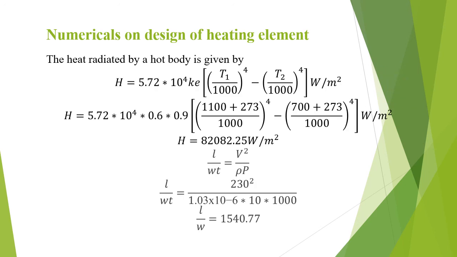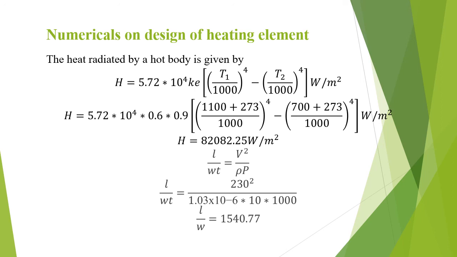Heat radiated by the hot body is given by the equation H equal to 5.72 into 10 to the power 4 into K e into (T1 by 1000) to the power 4 minus (T2 by 1000) to the power 4. Substituting the values in the H equation, we get the value of H as 82,082.25.